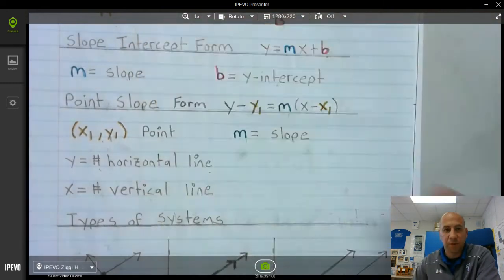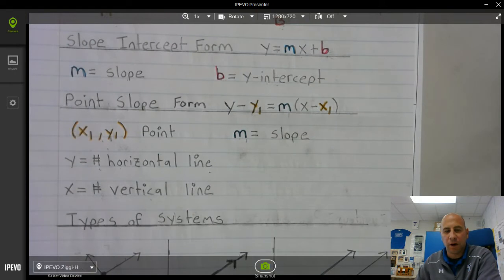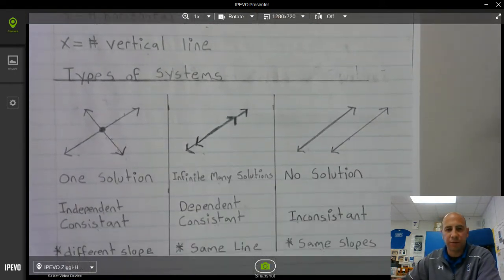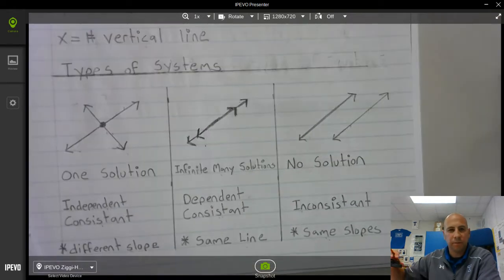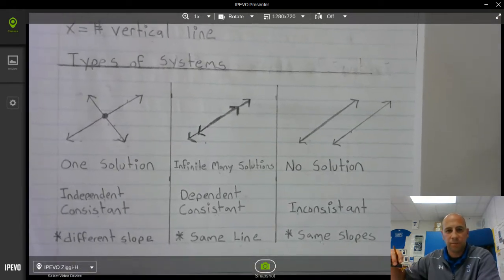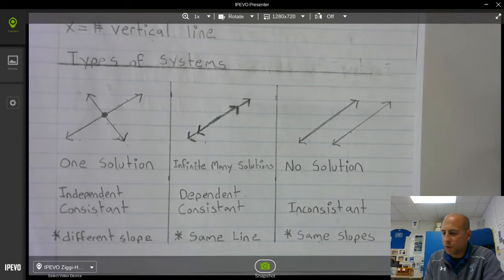All right, and last, now, there's three types of systems. The first one is when you have one solution. And when there's one solution, it's independent, consistent, and the lines have different slopes. And they intersect at one point.